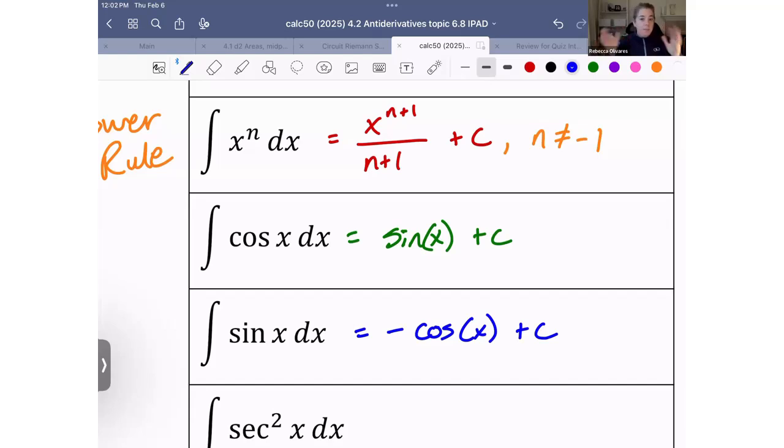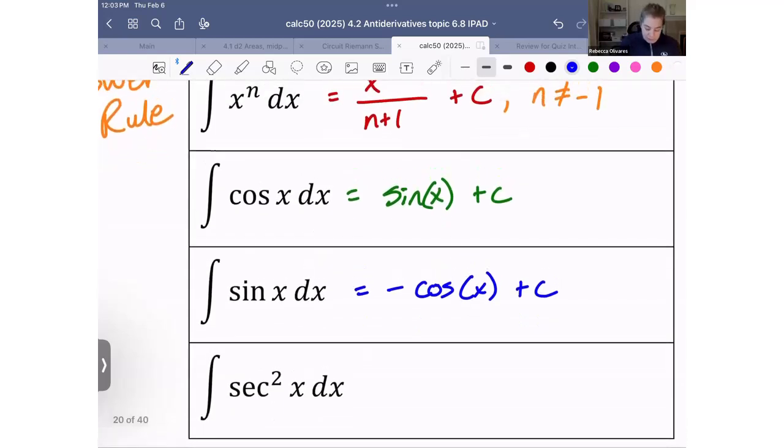So this is going to get messed up in your brain because you're so used to saying the derivative of sine is cosine and the derivative of cosine is negative sine, but now we're going backwards. So you have to think, okay, well, the antiderivative of cosine is going to be sine and the antiderivative of sine is going to be negative cosine. So it's going to take some thought there.